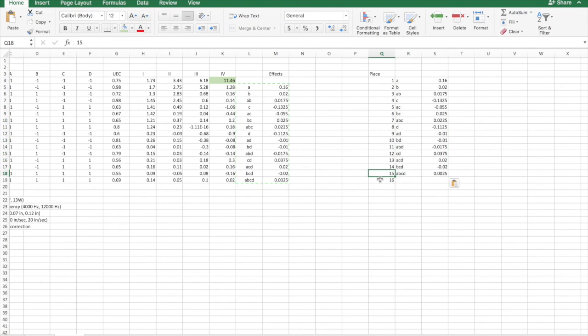In this case it's going to be 15 because we're not considering the first one. This column is the place, this one is the effect, and this one is the probability, which is the place minus 0.5, divided by 15.